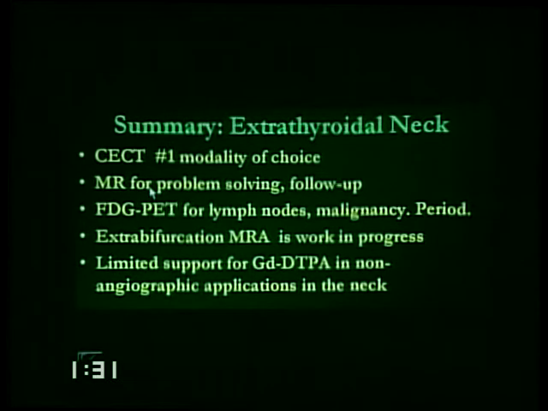FDG PET is unique because it's very easy to follow lymph nodes and for staging of patients with known head and neck cancer. MR angiography is not yet state-of-the-art because we still have difficulty analyzing the internal architecture of vessels. We can't define ulcers and plaques quite as yet using MR angiography. And unless you're doing angiography, the use of gadolinium DTPA in evaluating the neck using MRI is not highly supported.